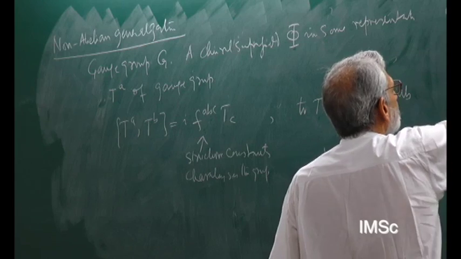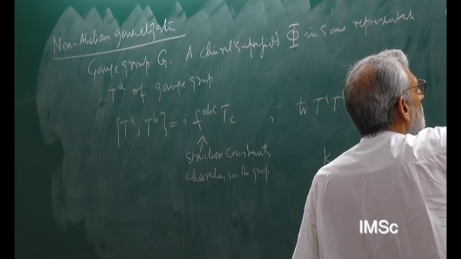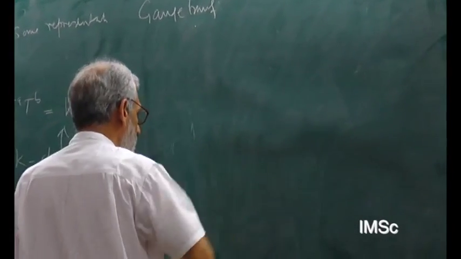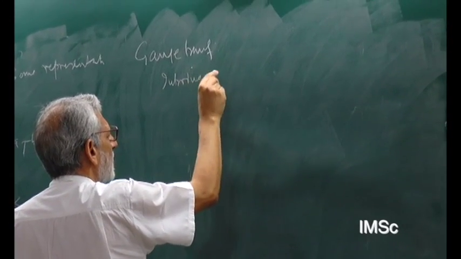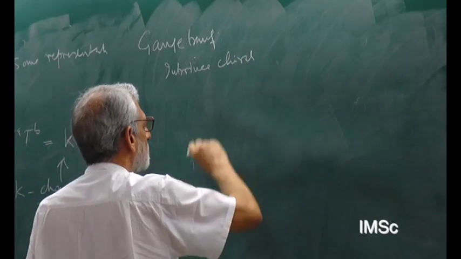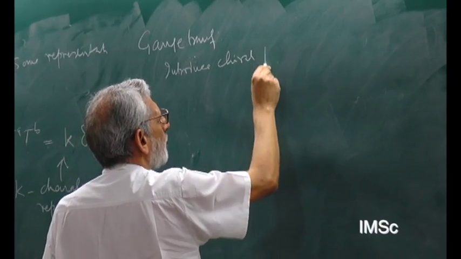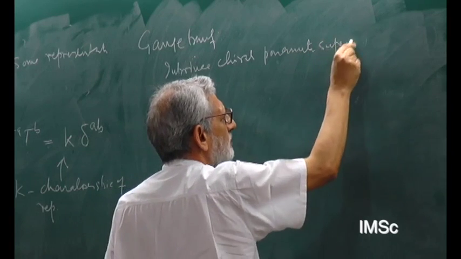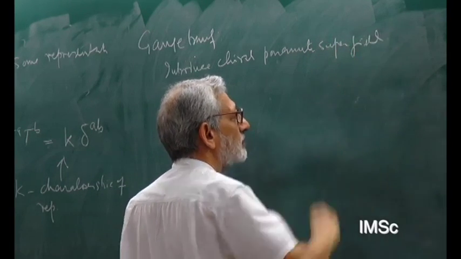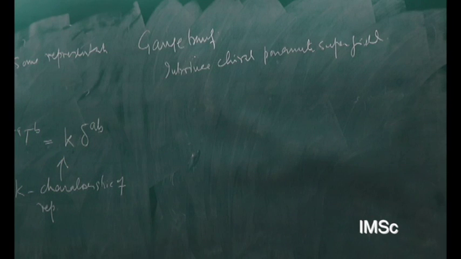For gauge transformations, introduce a chiral parameter superfield. Also, in this way the T^A are Hermitian matrices. This is important.